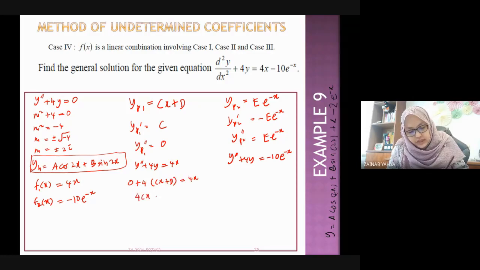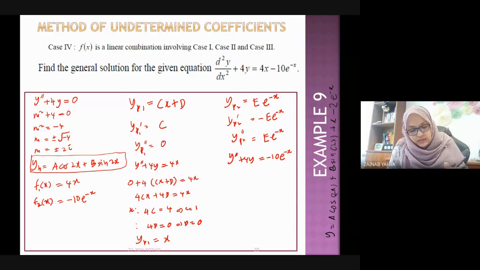So 4cx plus 4d equals 4x. So we compare the x terms. 4c equals 4. The next term, 4d equals 0. So c must equal 1, and d must equal 0. So yp1 is just x, because it's 1 here and 0 here.